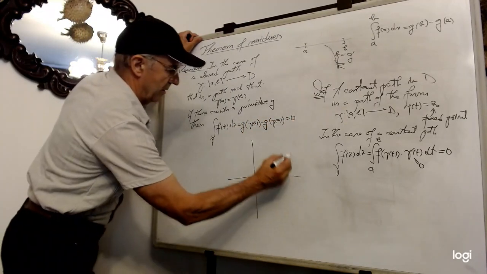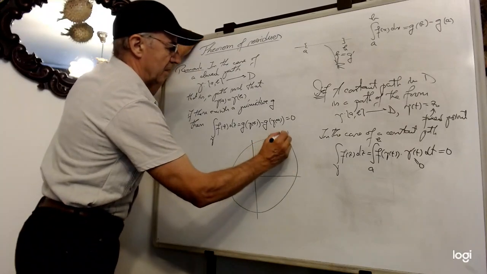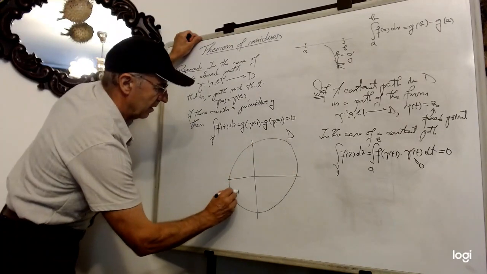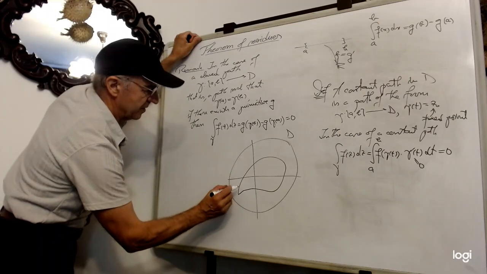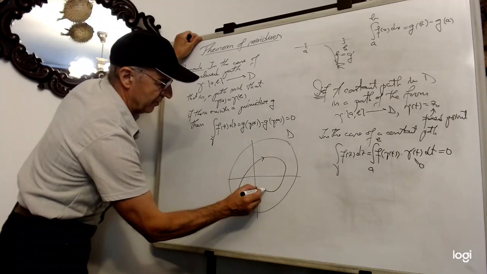Here, in a set D, this is a closed path.